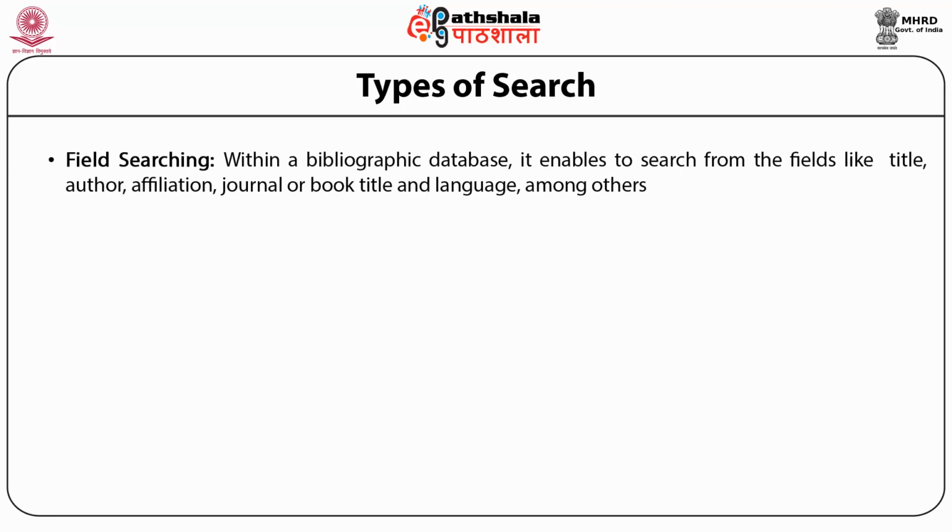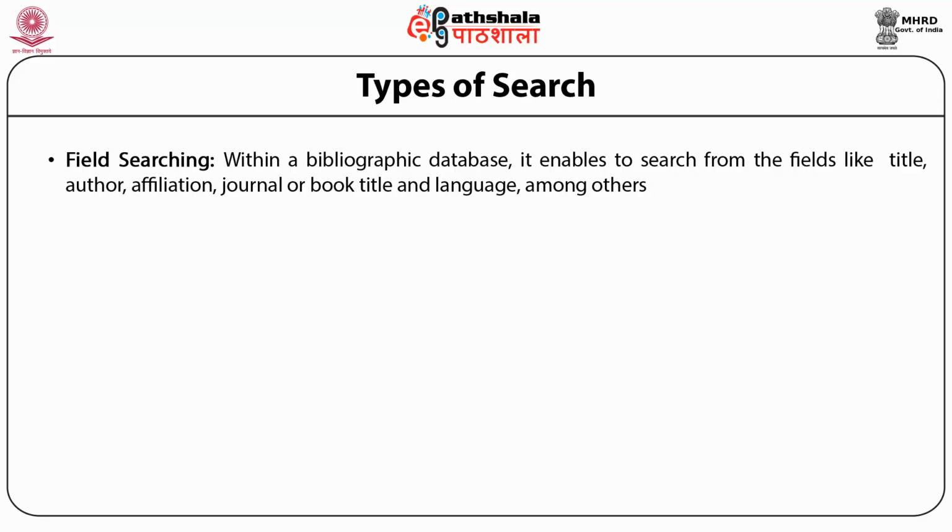Field searching. An electronic record is presented as a field within a bibliographic database. There are data fields for the title, author, affiliation, journal or book title, and language, among others. The user can use any of these fields to retrieve the required information.